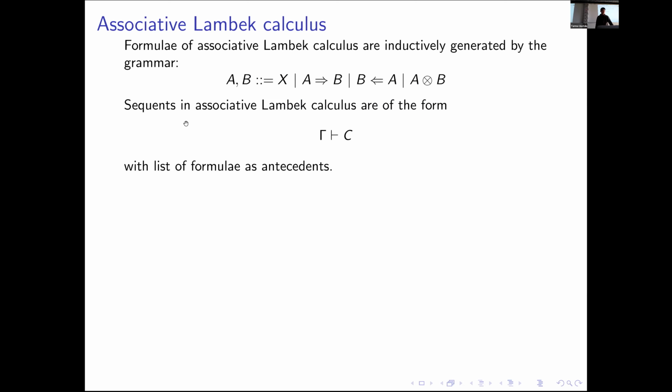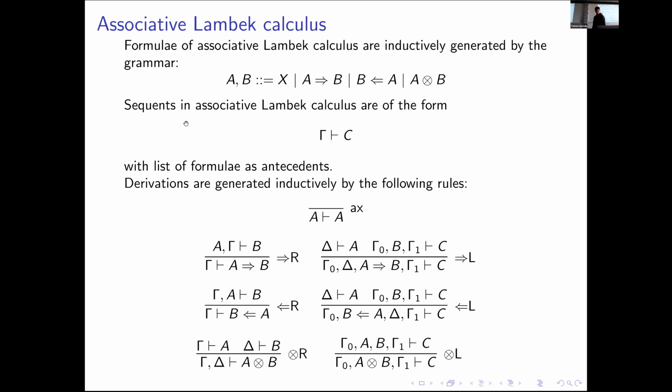To begin my talk, I would like to start with a quick recap of the associative Lambek calculus. Here there are three connectives: right implication, left implication, and also tensor. The sequent in the associative Lambek calculus has as antecedent just a list of formulae.